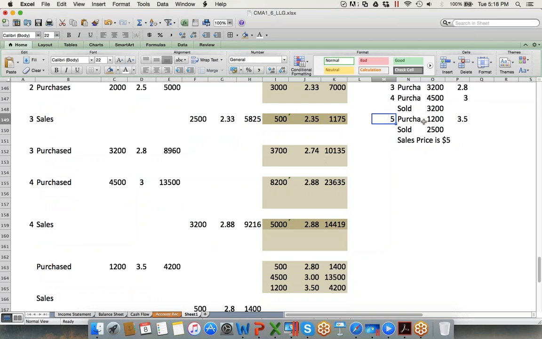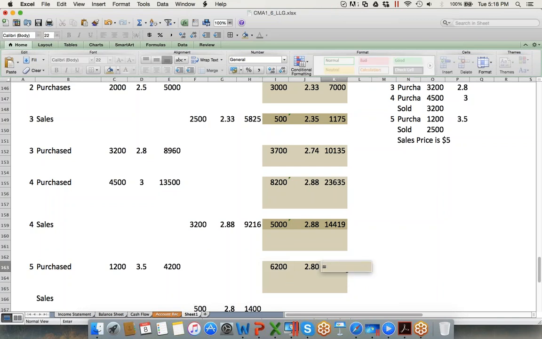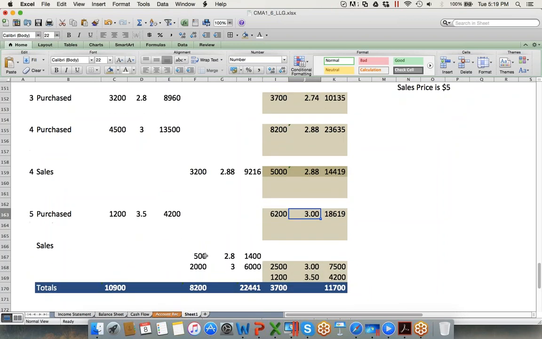Next, fifth purchased 1200 units. Fifth purchased 1200 at 3.5, 4200. So 5000 plus 1200, 6200. And the value will be 14,419 plus 4200. And now find out the latest price. Yes, $3. Now we sold 2500 units.